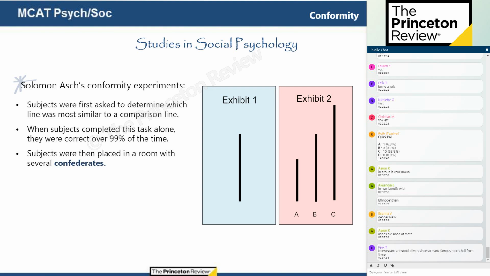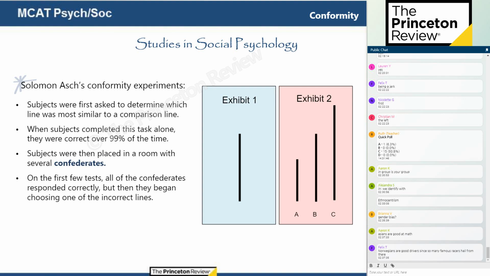Okay, then they were placed in a room with a bunch of other people who all were part of the experiment. They knew what the deal was. They were not the subject. They were part of the research team. They were the Confederates, in on the joke.